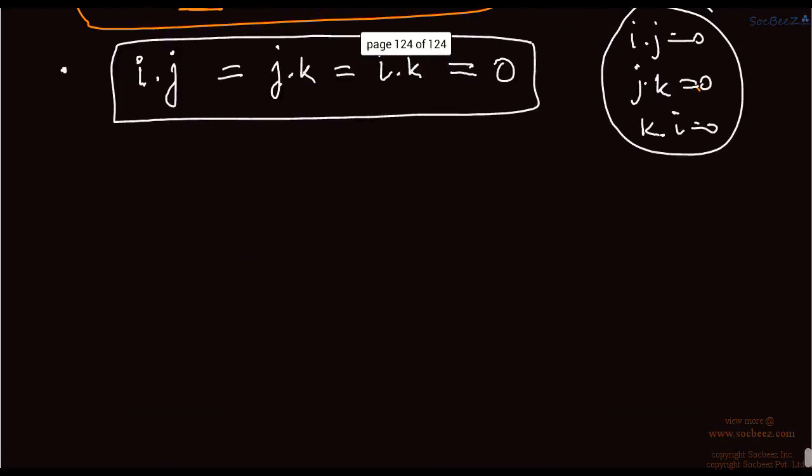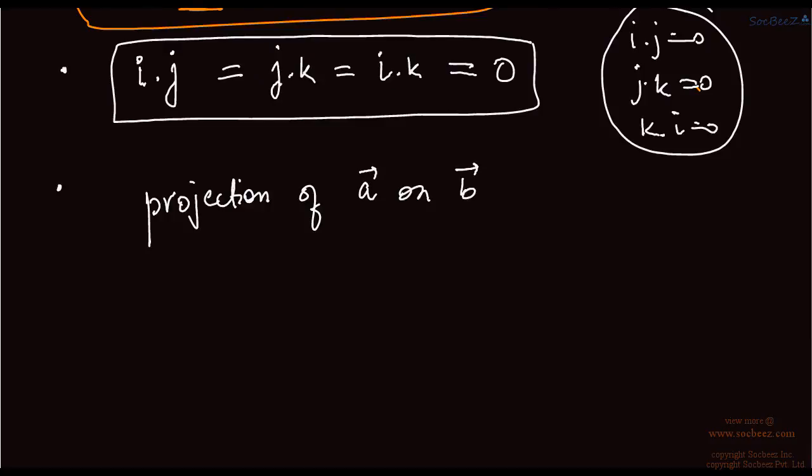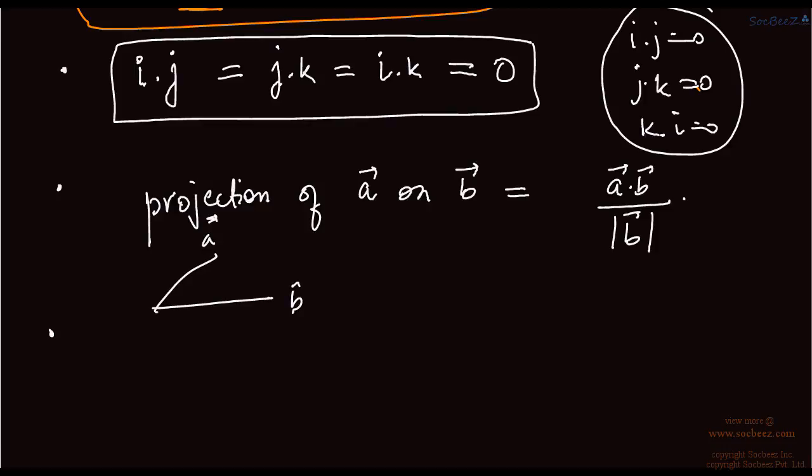Then the next important equality is the projection of any vector A on vector B. The formula for this is A dot B, you scalarly multiply them, and divide by the modulus of B, the magnitude of vector B. Okay, this is the projection of A on B. Like if you have this as vector B, this as vector A, then this will be the projection.